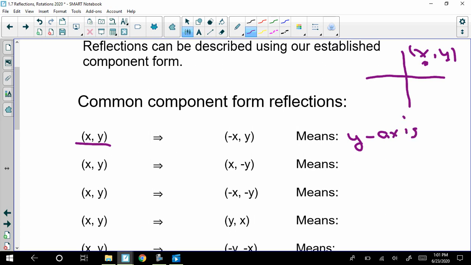If the y changes, that reflects over the x-axis. If both signs change, we're reflecting from x, y to negative x, negative y. That is a reflection about the origin.